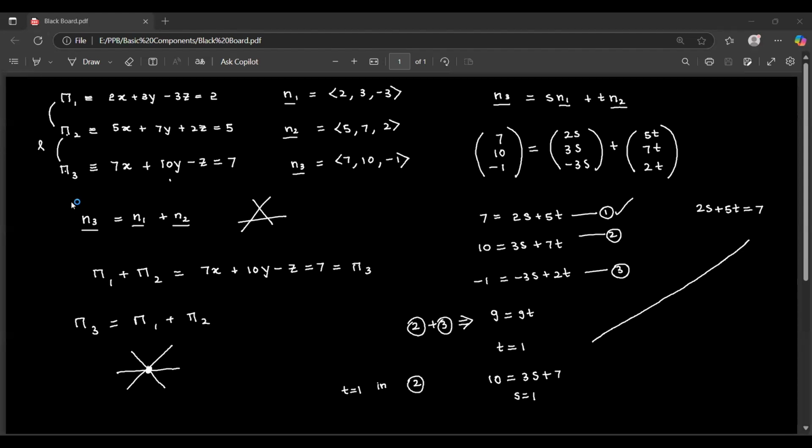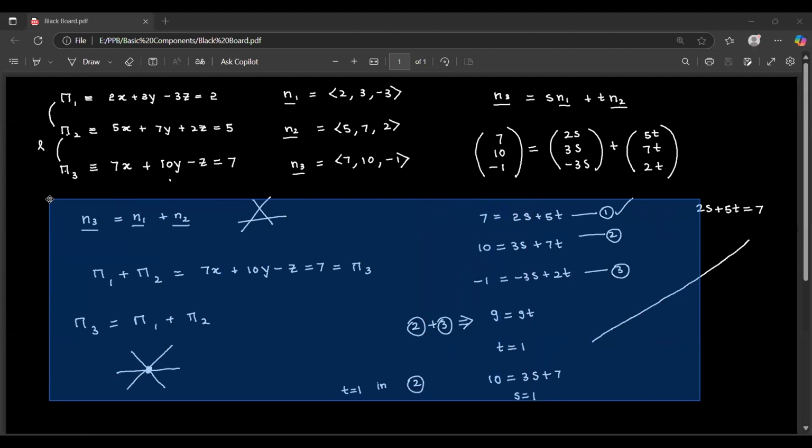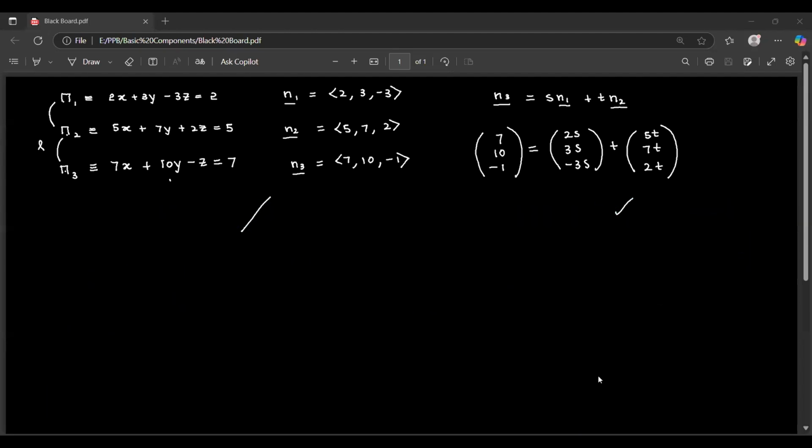Okay, since we have found out that they intersect at a single line, now we can find the single line, or the solution, the infinite number of solutions in which they intersect. So let's only take phi 1 and phi 2, because phi 1 and phi 2 have simpler numbers.